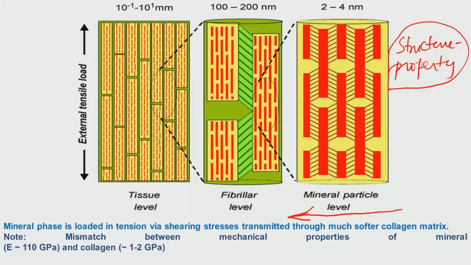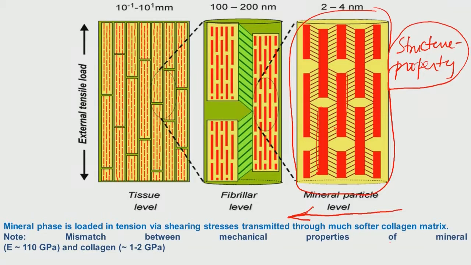So, at the very lowest level of the structural description, let us start from the right hand most structural description. So, you have this collagen bundle. So, this is the red block, the collagen bundle.